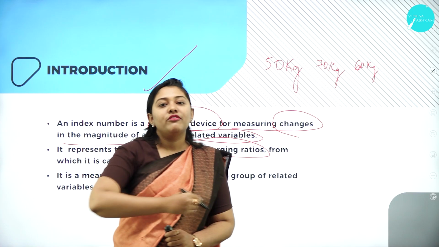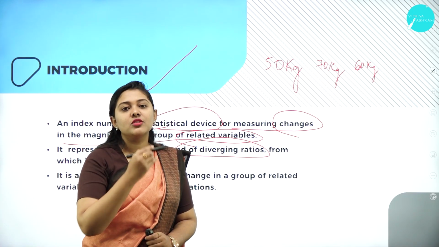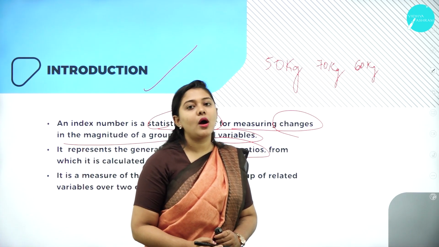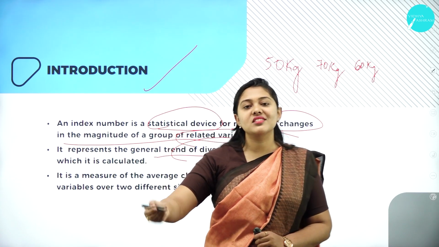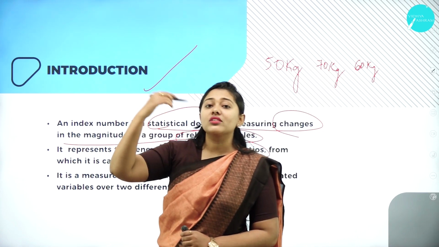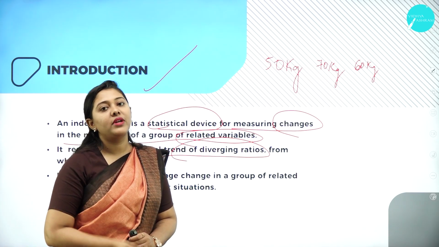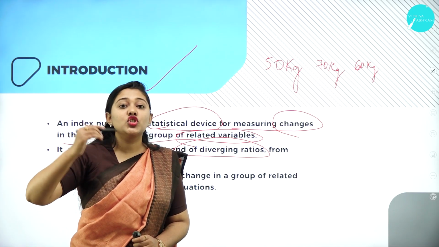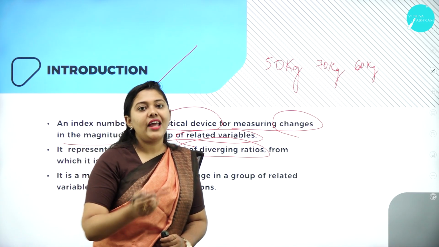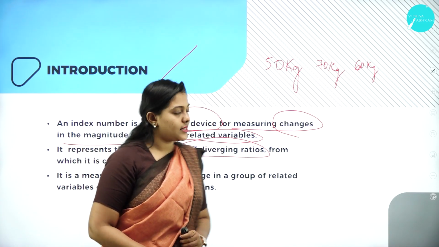Or in the past 5 years, the salary was 15,000 per month. Today, what is the salary that you are receiving, and what is the future salary, the hike you might get? That technique of measuring the changes in a single value is called an index number.